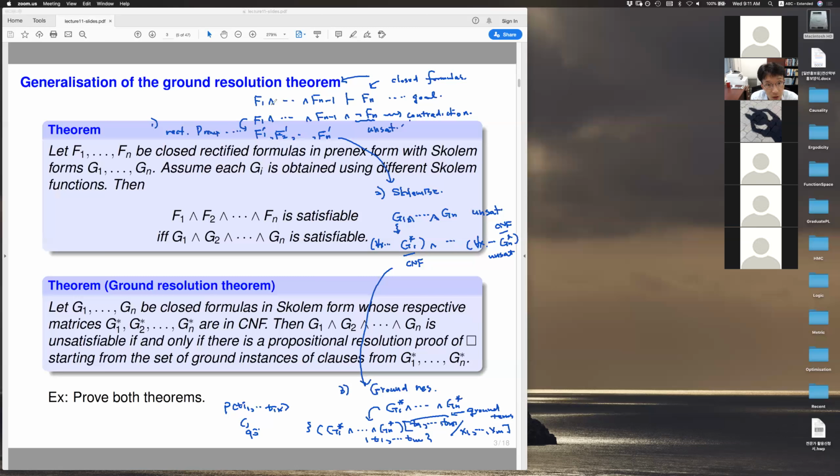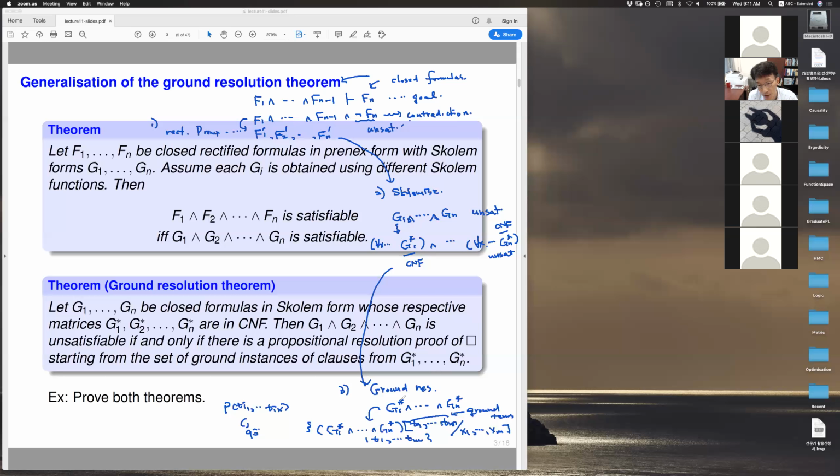So the first step is we convert it to the rectified prenex form. We Skolemize each of the formulas separately using different Skolem functions and Skolem constants. Then we also convert the matrices of the Skolemized formulas into CNF. We put those CNFs together and try to derive a ground resolution proof of the empty clause, in other words a ground refutation proof, from the ground instances of G1 star to Gn star.